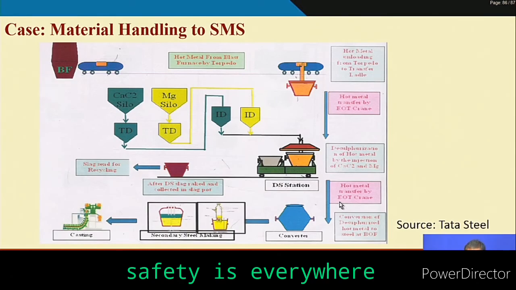Now I will give you one case that we have done. It is basically a material handling case in a steel melting shop, or I can say in a steel plant.